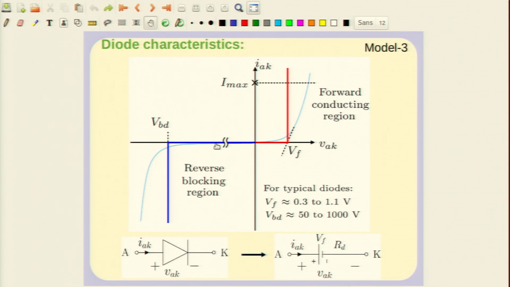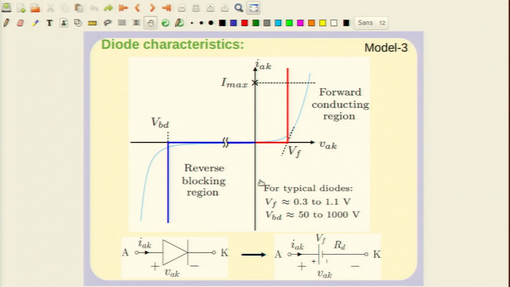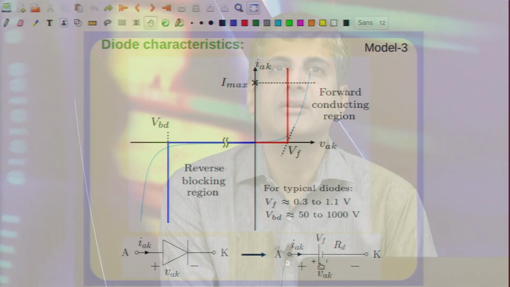So, this kind of model is in fact shown at the bottom here, and if we further approximate it, we can actually treat it simply as an on-off switch. So, in the previous model you can have essentially a voltage source Vf in the forward direction. Whenever it is conducting, a forward voltage Vf appears across the diode, but you can even neglect that in many of the analyses where high voltages or voltages above 100 volts are applied.